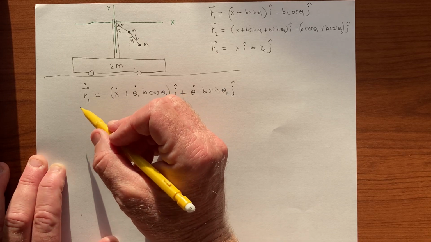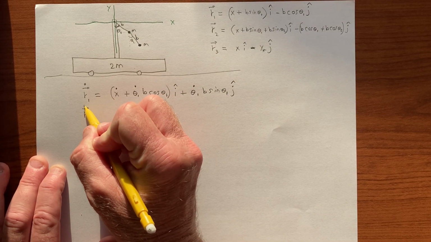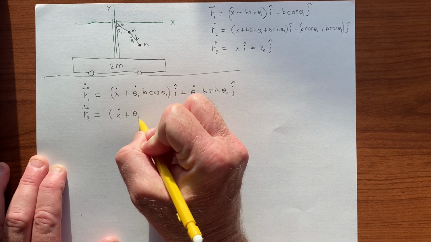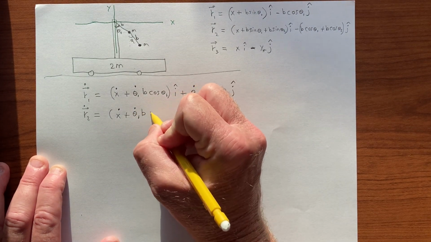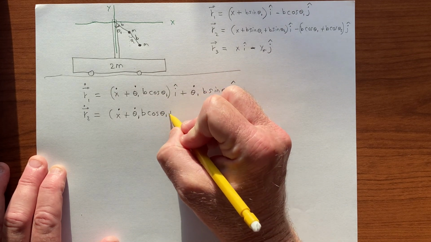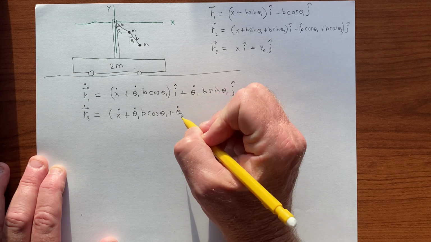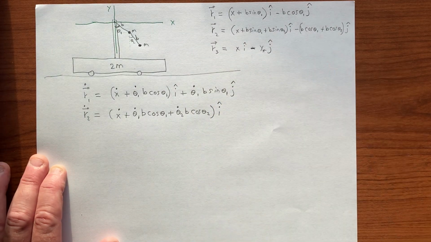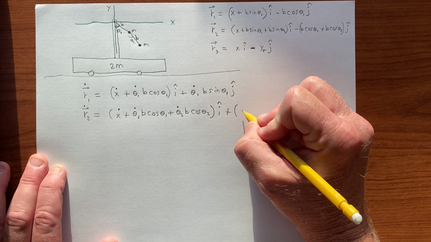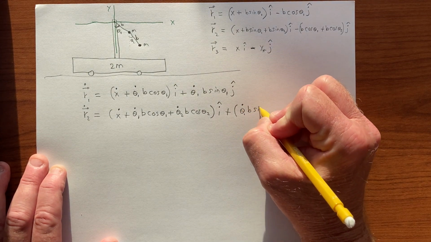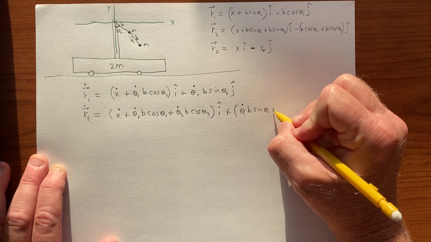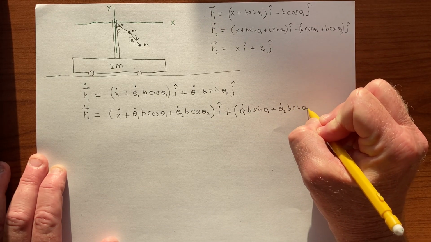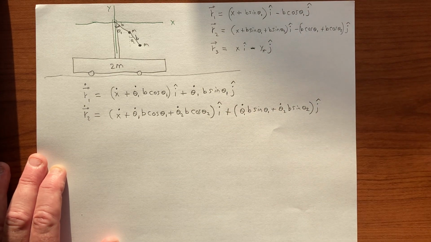Okay, right, we're going to construct our kinetic energies from these, and then we have R2 dot, which is x dot plus theta 1 dot b cosine theta 1, same as before, plus the same for the second term, theta 2 dot b cosine of theta 2, that's the x component, and then plus theta 1 dot b sine theta 1 plus theta 2 dot b sine theta 2 j hat.